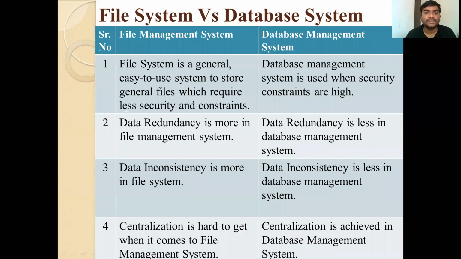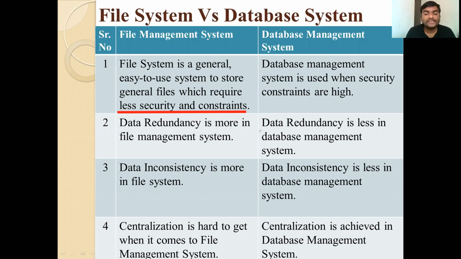We are going to see the two points parallelly. The first column represents the drawbacks or disadvantages of the file system, while the database management system column represents the advantages of DBMS over the file system.